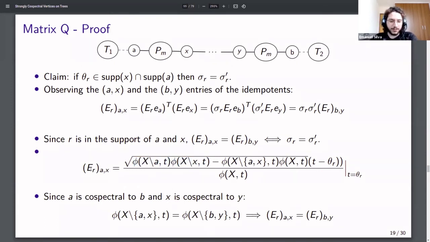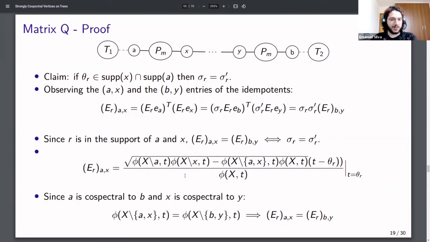And therefore, the entry AX is going to be equal to the entry BY if this product phi of X minus AX is equal to phi of X minus BY. So if this holds, then the two entries are equal. So we just need now to show that this holds.